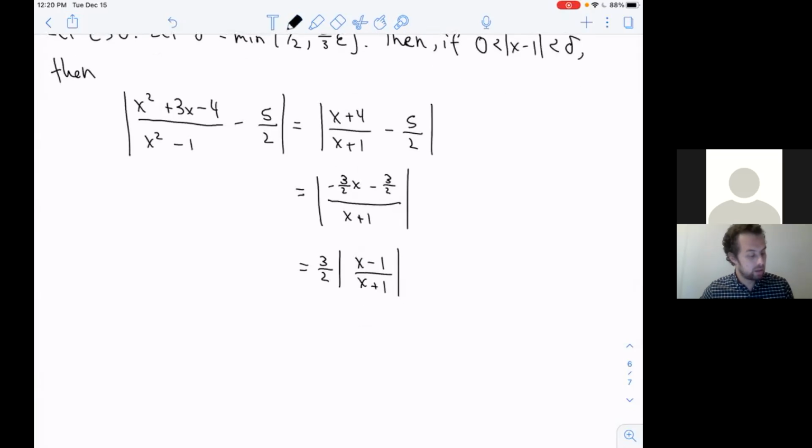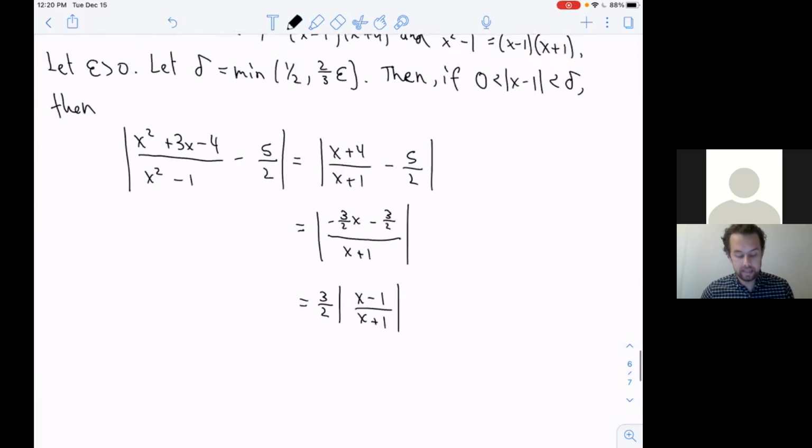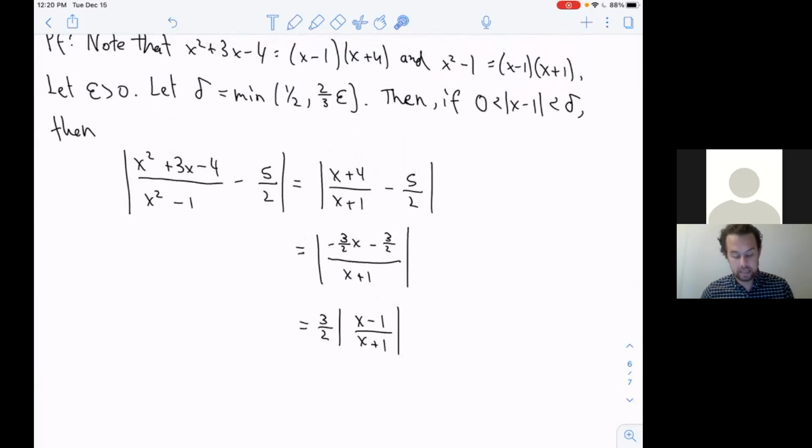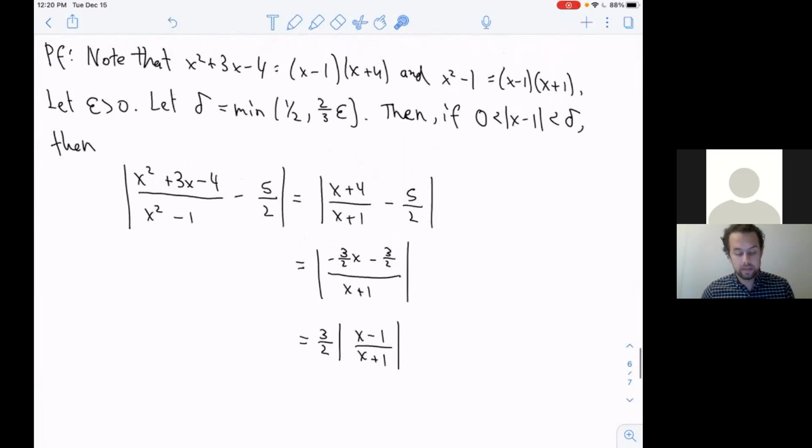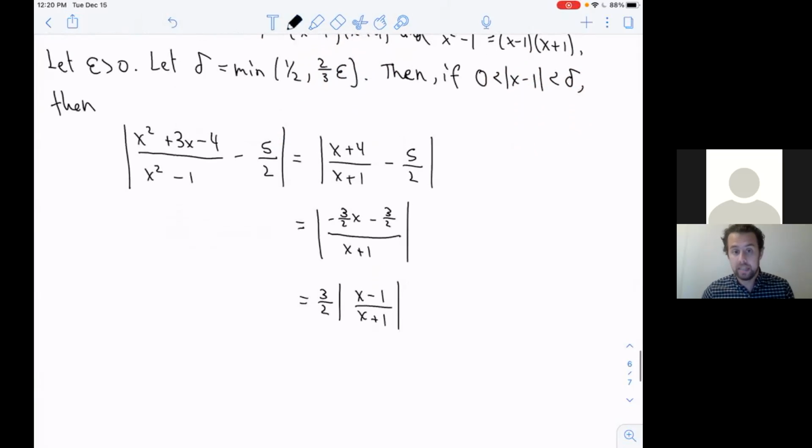Okay, so now we have x minus 1 is less than or equal to delta. So x is between 1 minus delta and 1 plus delta. Now delta is less than or equal to 1/2. So x is bigger than 1/2. And so x plus 1 is bigger than 1.5.